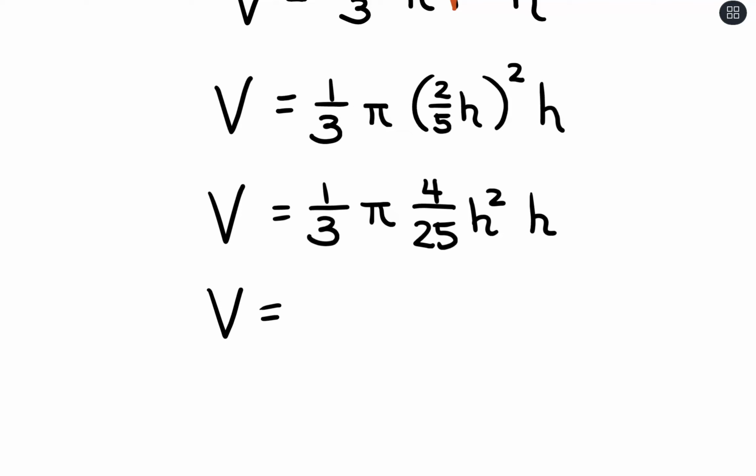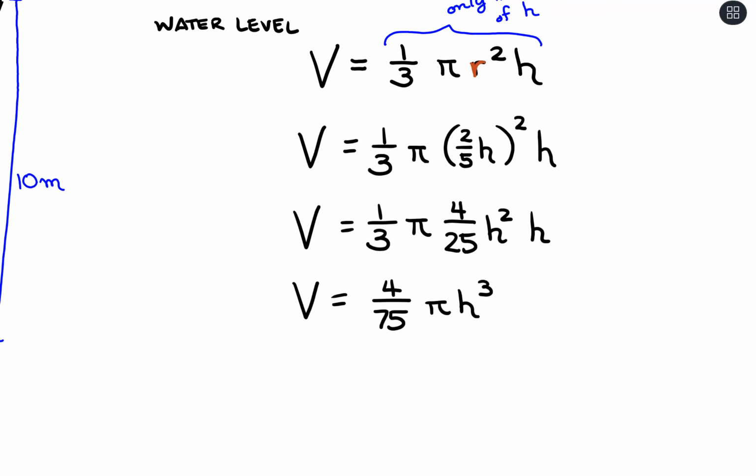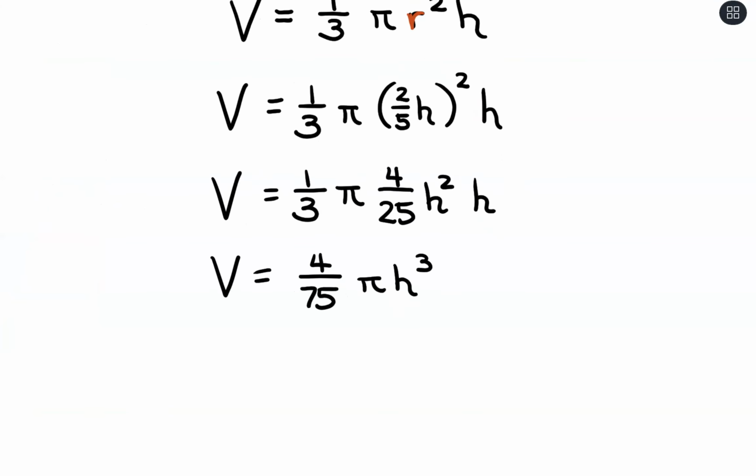Let's see, 4/75 pi H cubed. Okay, this is better because now I just have volume and H, and that's a good amount of variables to work with.